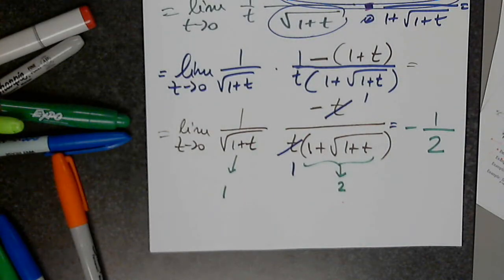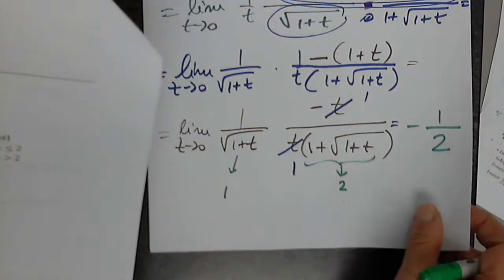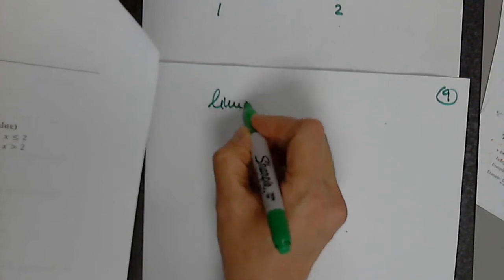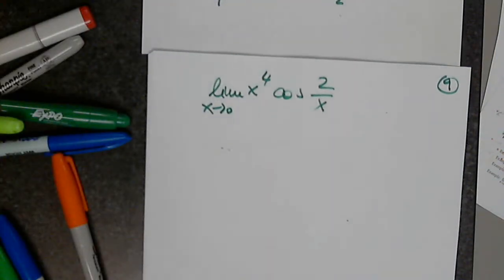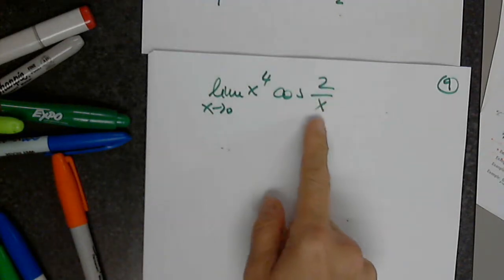Okay, ready? So limit x to the 4th, cosine 2 over x, as x approaches 0 from either side. Okay, 2 over 0.